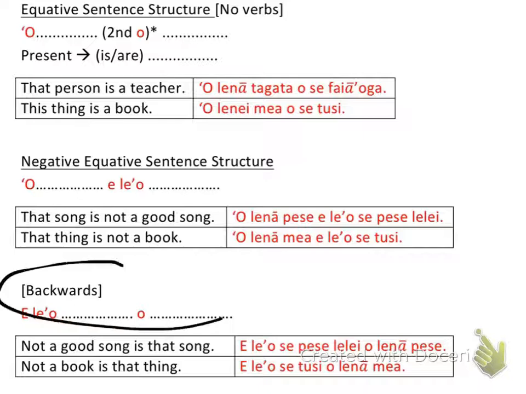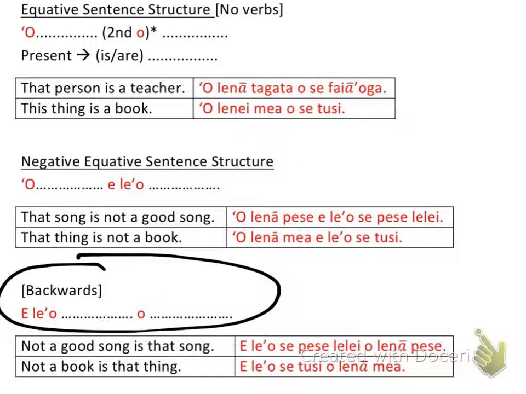There's also this way, the backwards way, and the backwards way is probably going to be counterintuitive because we don't really say this a lot in English. So a lot of times we'll say this thing is not this thing. Well, in this second way of doing the negative equative sentence structure, you're saying is not this thing.